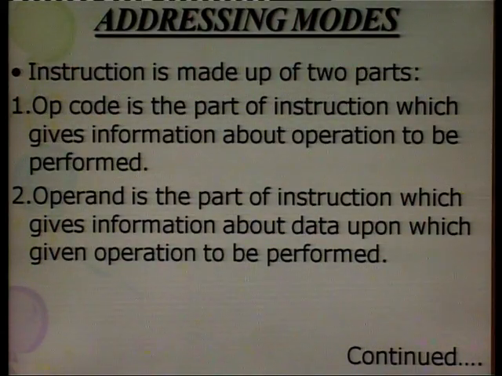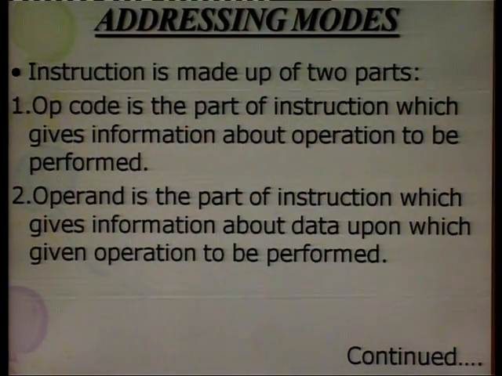Any instruction or command is made up of two parts. One part of the instruction is the opcode and the other part is the operand. The first part is the opcode. What do we mean by opcode? Opcode is that part of the instruction which gives information about the operation to be performed.